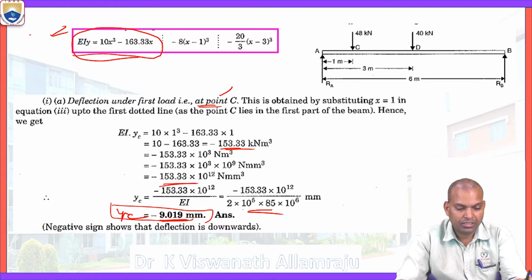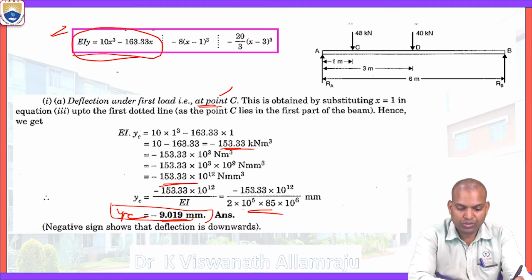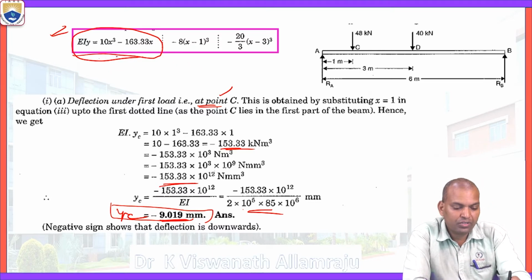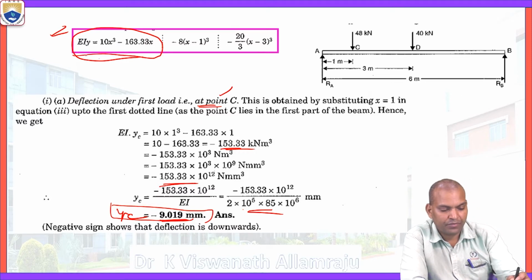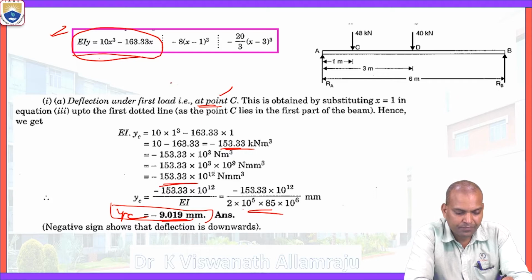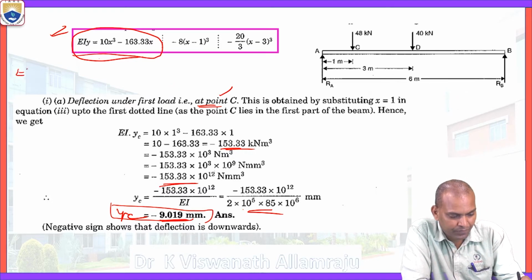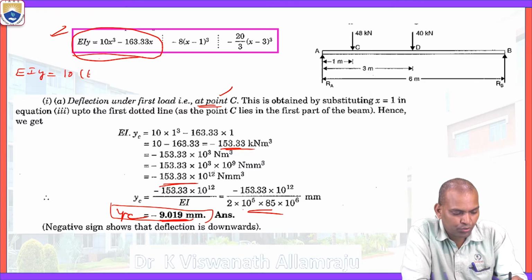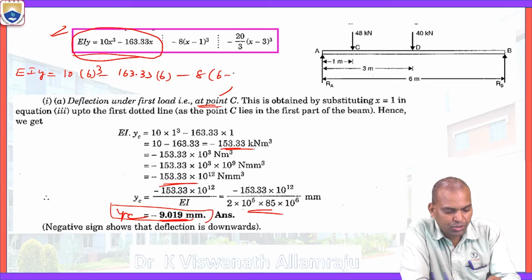In this problem, one more thing. In this equation, if you substitute x equal to 6, we have to consider the 3 points, even though they did not ask for it here. At support B, what is the YB? If we substitute x equal to 6, what will happen? We get 10 into 6 cube, minus 163.33 times 6, minus 8 into (6 minus 1) whole cube, minus 20 by 3 (6 minus 3) whole cube.